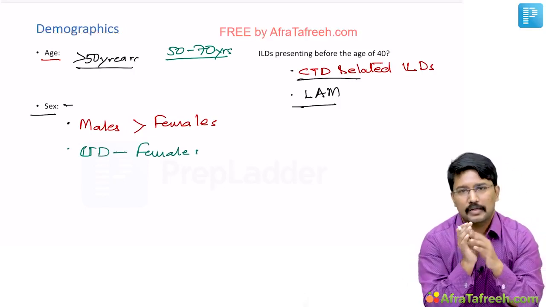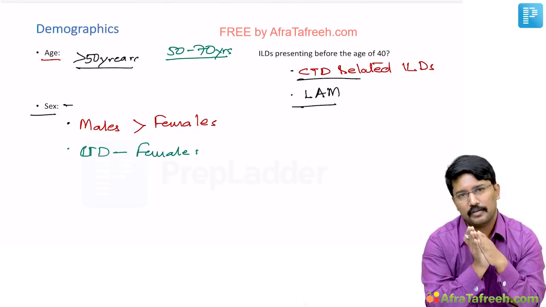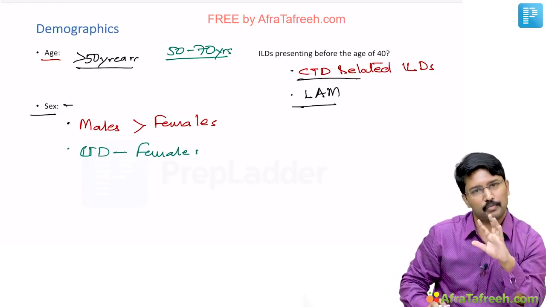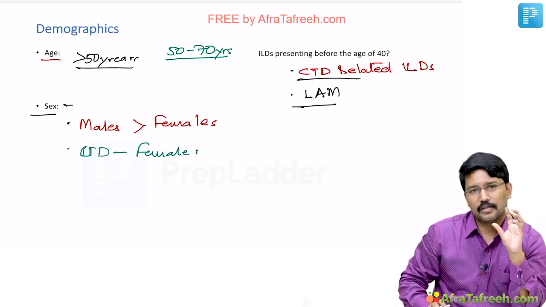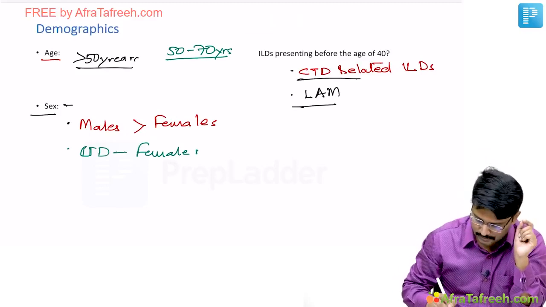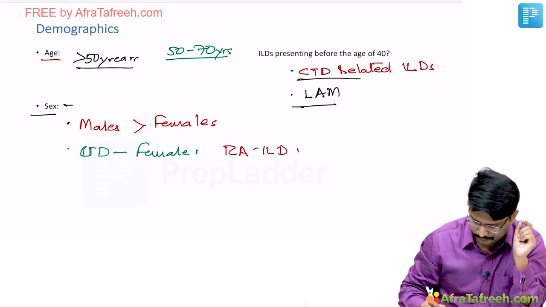What is the exception? The rheumatoid arthritis related ILD is more common in males. Remember, the prevalence of RA is more common in females, but the ILD related to RA is more common in males. So the RA related ILD is an exception.